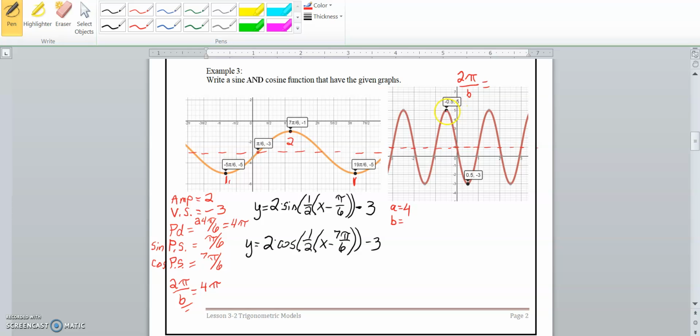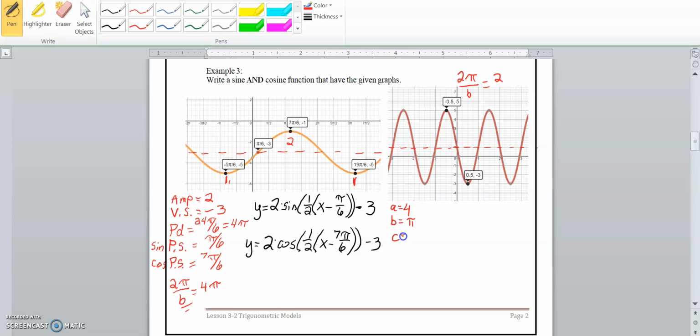The period, from peak to valley, goes 1 unit, and then from here to here, we must go another 1 unit. So the answer is just 2. From -0.5 back up, we're at 1.5. So that total distance, the period, is 2. If we flip B and 2, we get 2 over 2 is 1. So B is equal to pi.